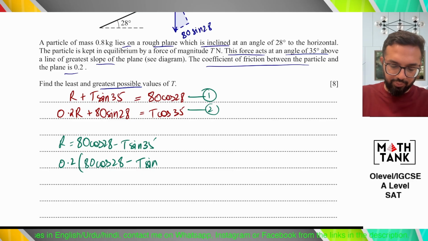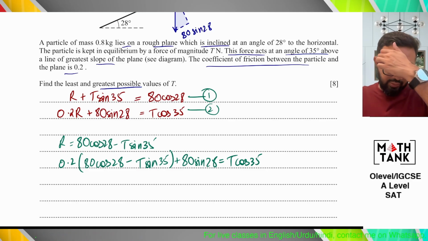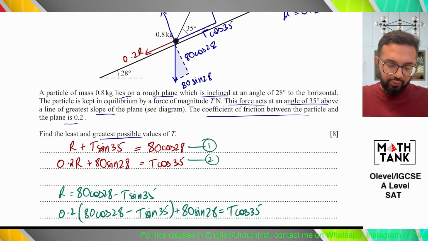I'm going to first find one value, and then I'm going to change the scenario for the other value. It should be 8 and not 80. I made this mistake earlier.